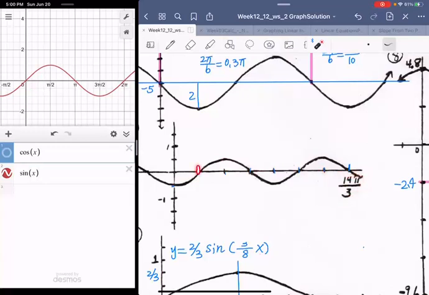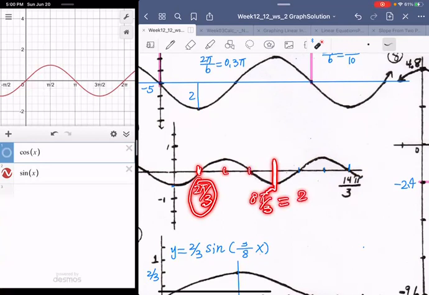So this equals how much? 2 pi over 3. Very good. So that is 2 pi over 3. If this is 2 pi over 3, how much is here? 8 pi over 3.